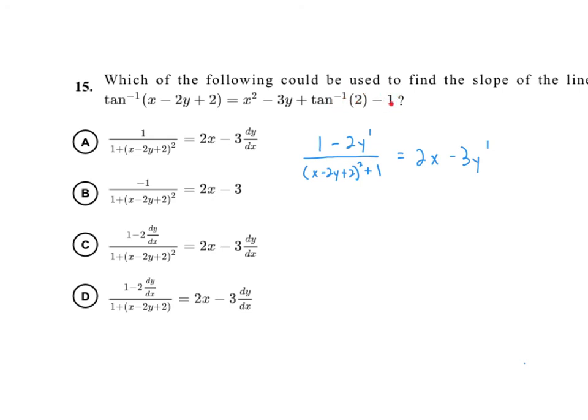And then 1 minus 1, that's some number, so these just go away when you take the derivative. So this is the only derivative, and that looks like that is either C or D. What's the difference? Oh, it's got to be C. D doesn't have a square, so it should have a square.